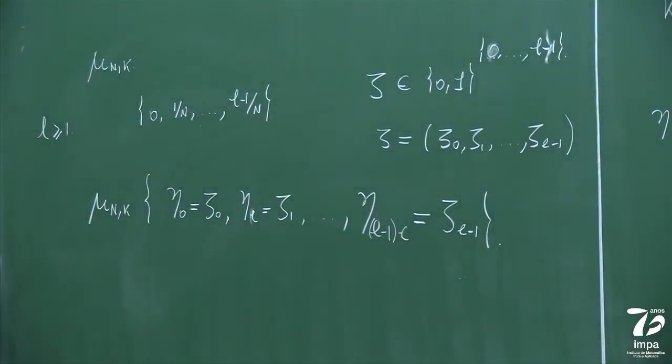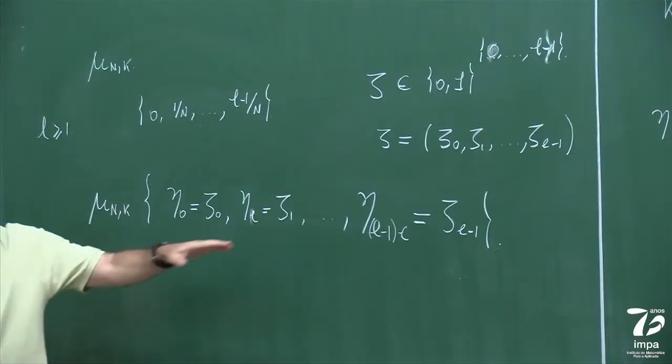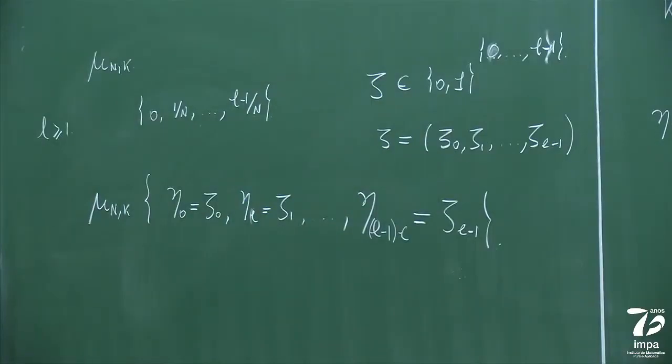Okay, so I'm looking at the first L sites, and I want to compute the probability that I observe exactly this configuration in the first L sites. Is that okay? And, well, I'll send n to infinity.